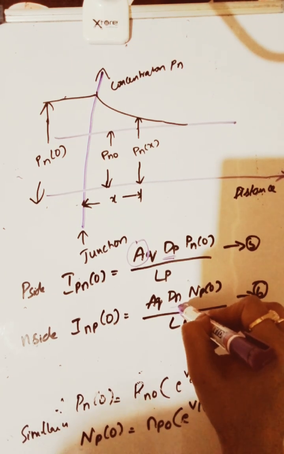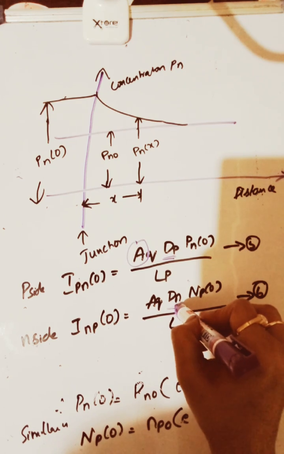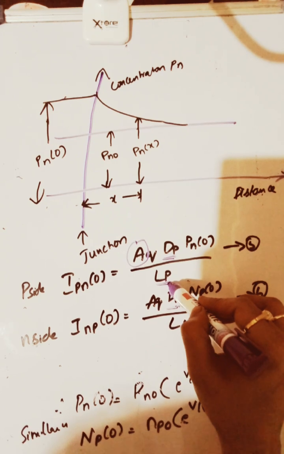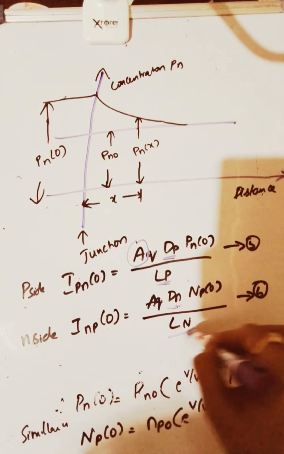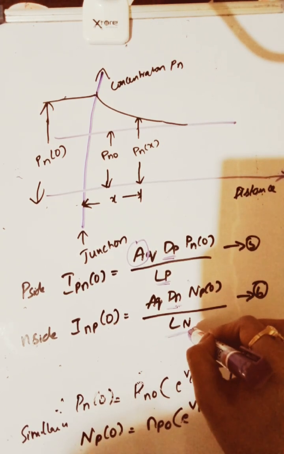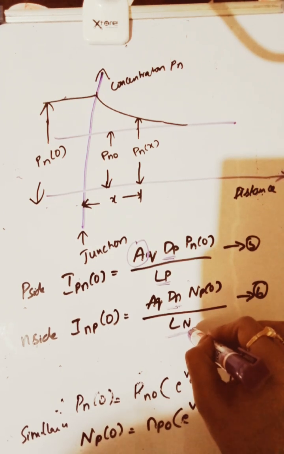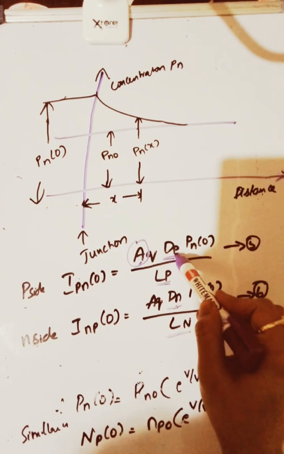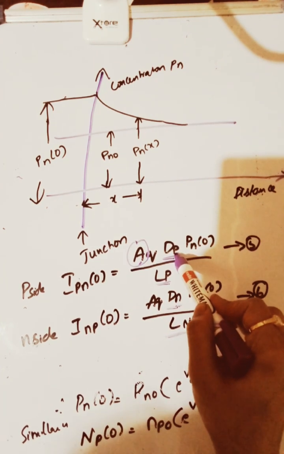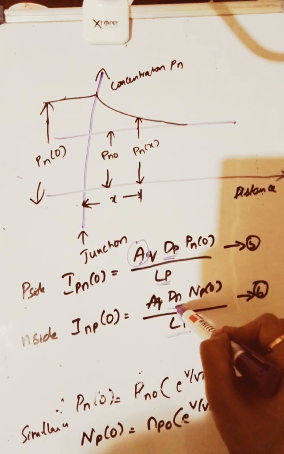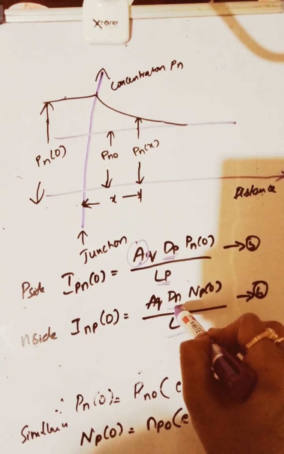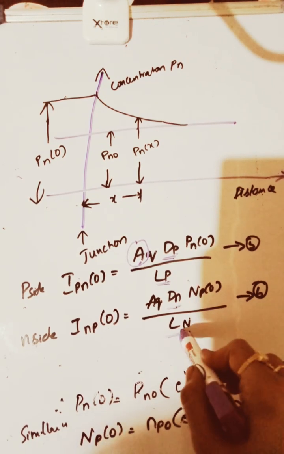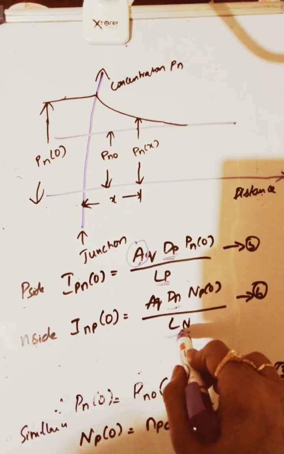L_n is nothing but the diffusion length for electrons.